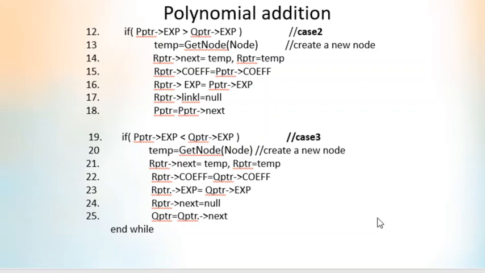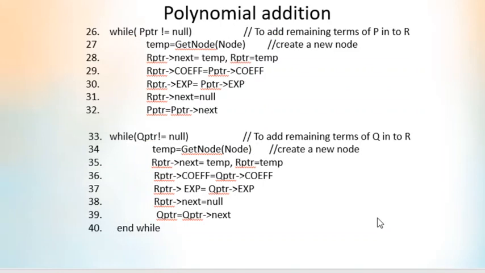So this is how the polynomial addition is done. And even after these comparisons, if p pointer is not null, we have to add the remaining nodes to the r pointer, that is the resultant linked list, and we have to again check whether the q pointer is not equal to null. If it is not equal to null, we have to add the remaining nodes to the linked list.